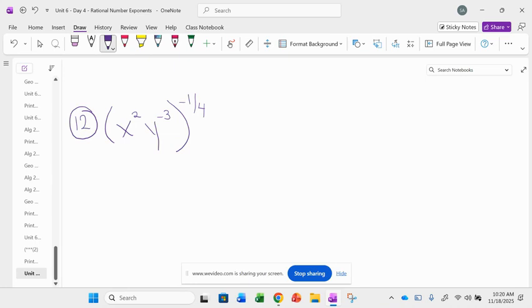Anybody? Can we? Yes, no, maybe so. Yes. Why are we allowed to distribute it in? Because it's not a binomial. Good. It's not a binomial. It's only multiplication. So I can absolutely distribute in that exponent. And I would recommend to distribute that exponent in and then go from there.